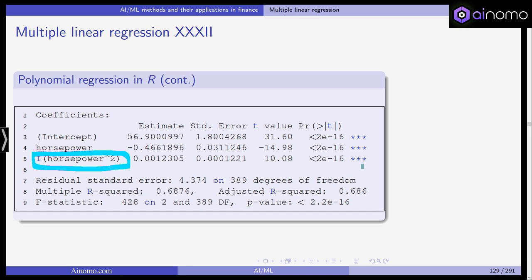If you were only to include horsepower and then estimate a second model with horsepower and its squared values as a second predictor, you would also see that the multiple and adjusted R squared increase considerably. So yes, it seems as if horsepower and a polynomial term are needed to better explain the miles per gallon response variable.